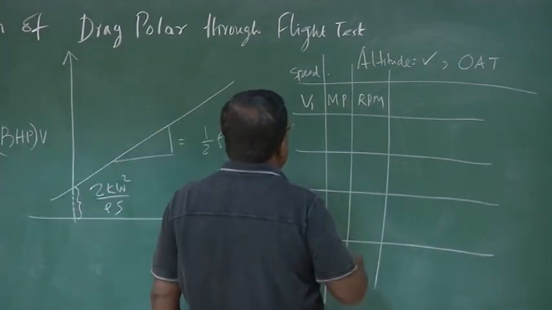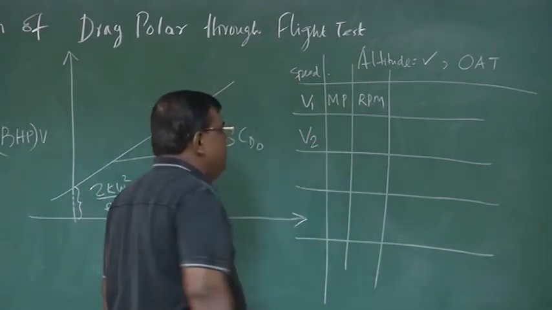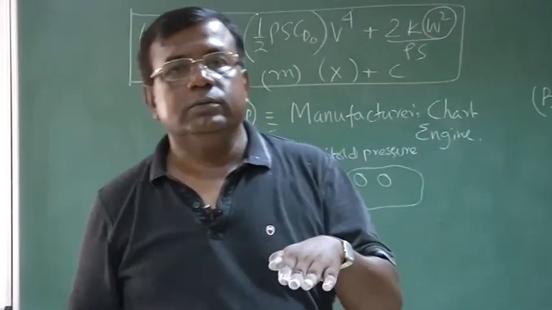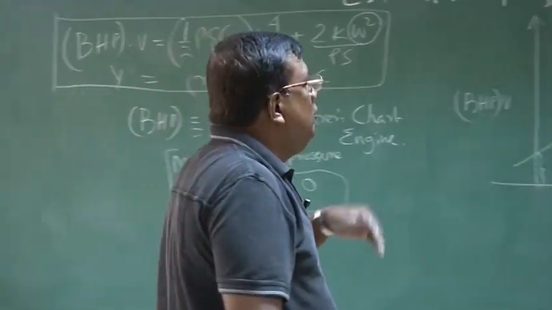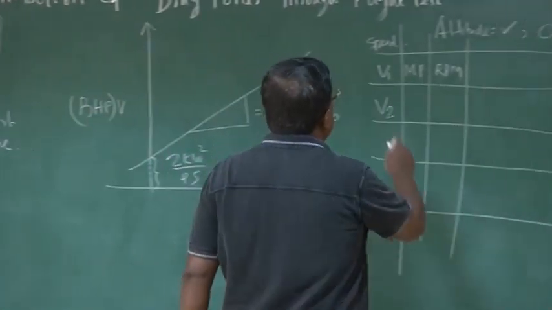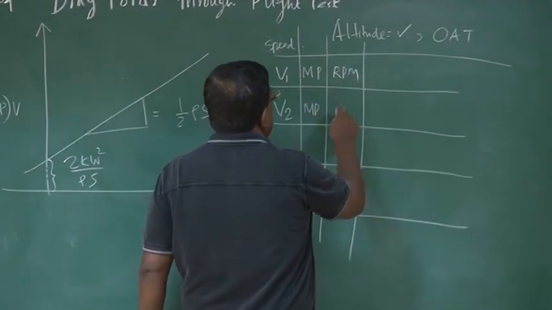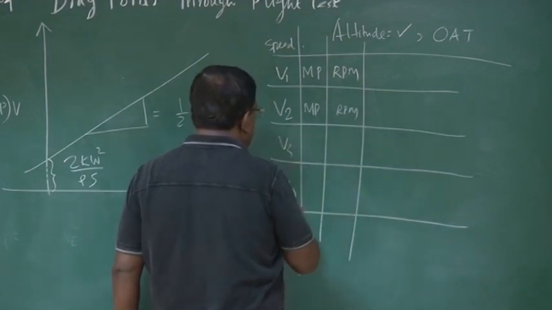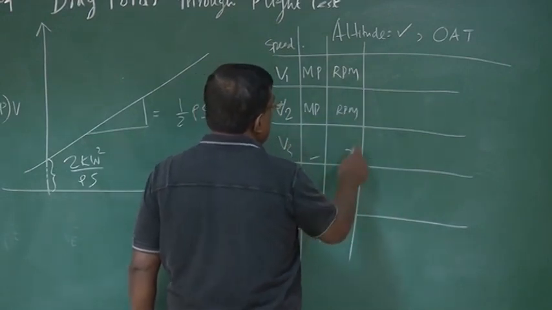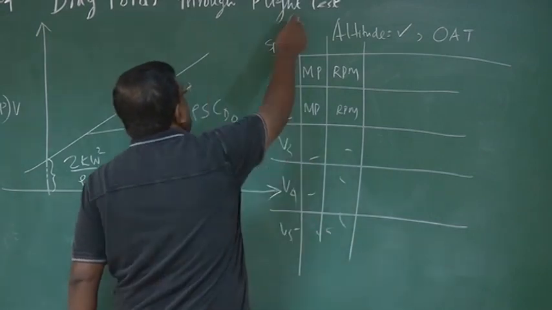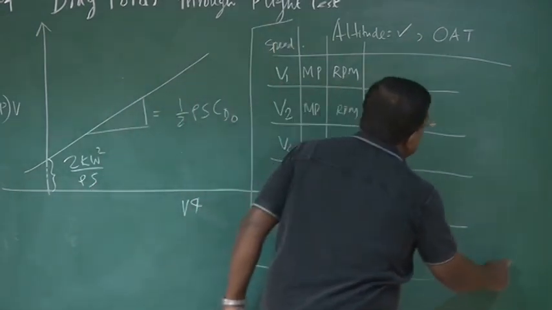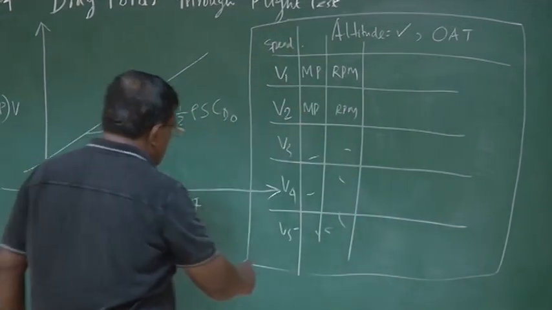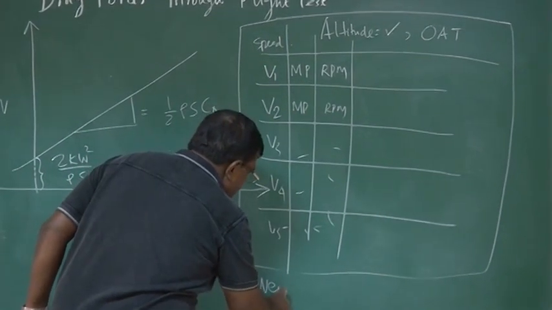Then again, you request the pilot to cruise at a speed V2, and again you note down the manifold pressure and the RPM. You do it for 3 to 4 or 5 readings. Then you come down and take the weight.